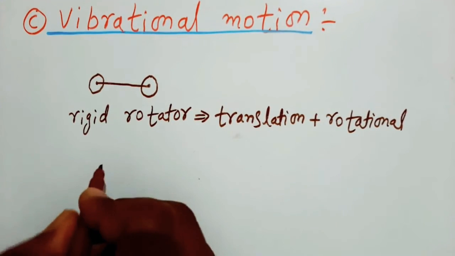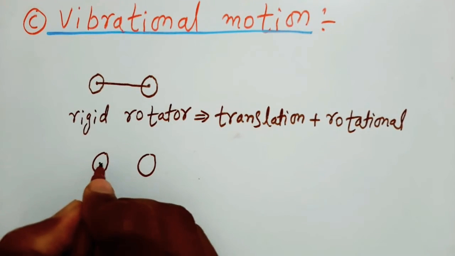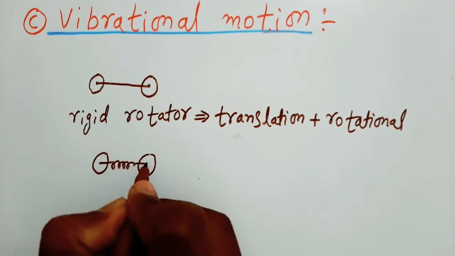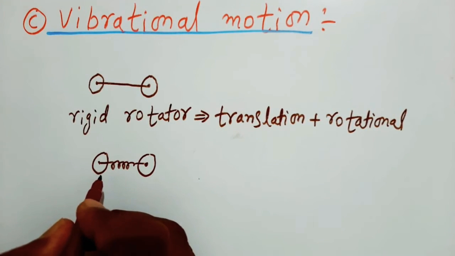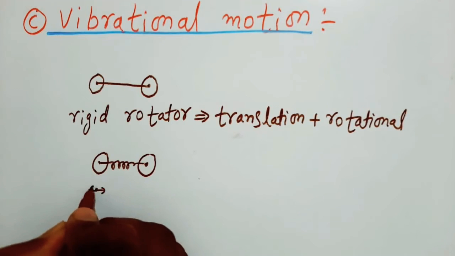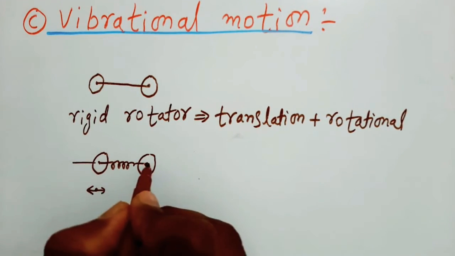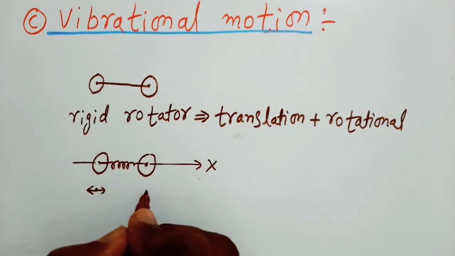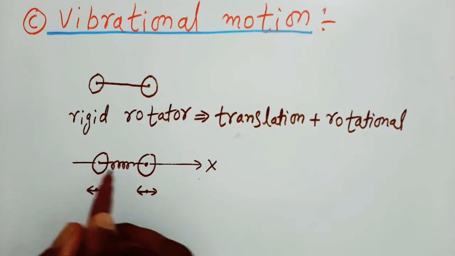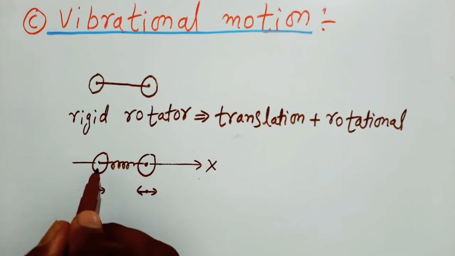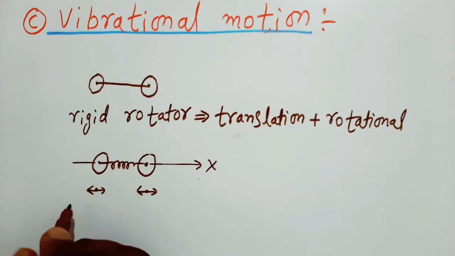In fact, atoms are connected by a spring. The atoms vibrate to and fro along the axis joining them. Here, the distance between atoms changes with time. Hence, it is called a non-rigid rotator.